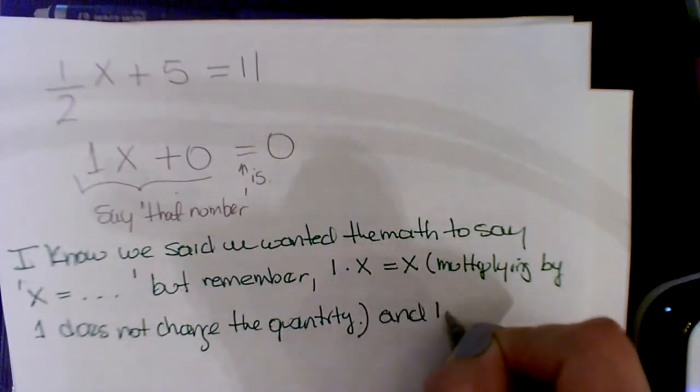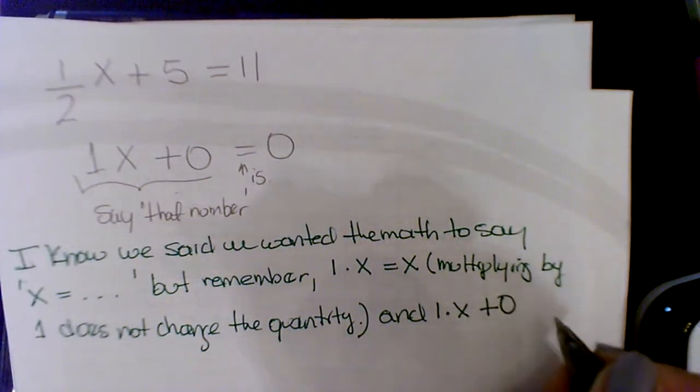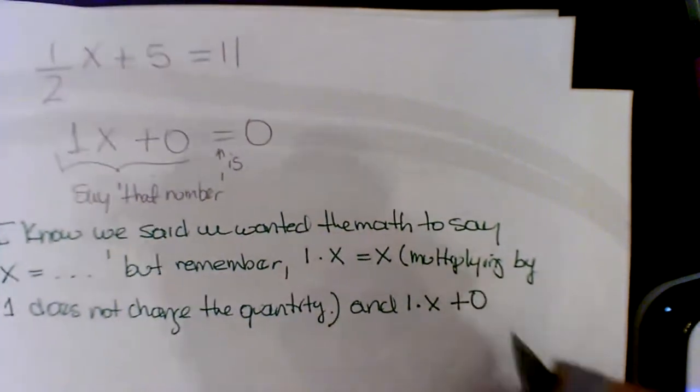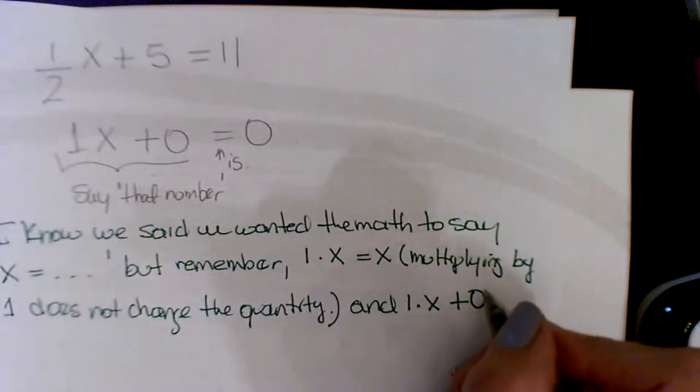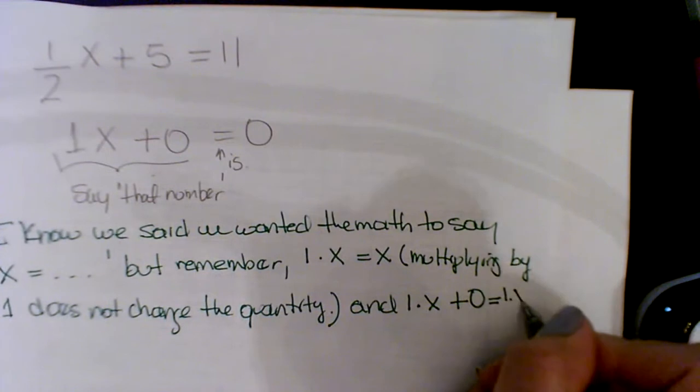And the other one is that 1 times x plus 0 is equal to 1 times x.